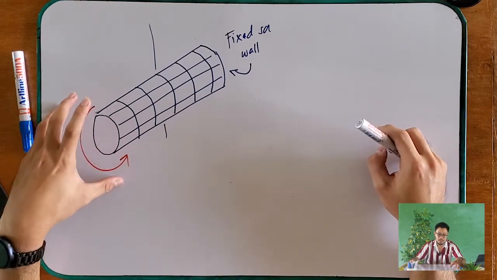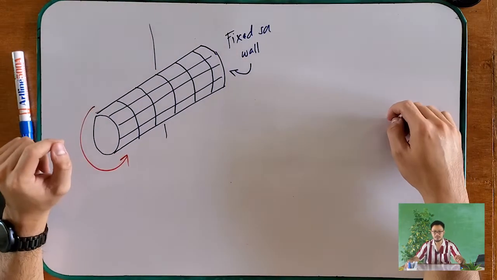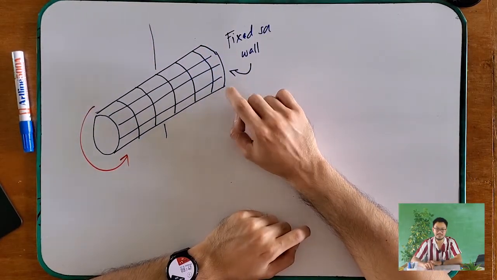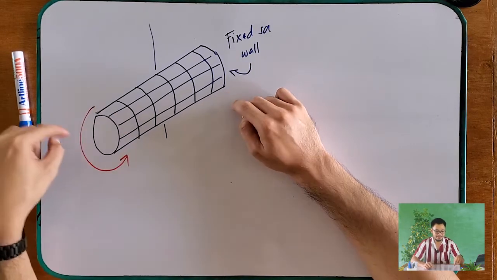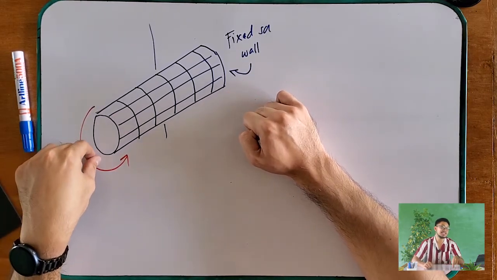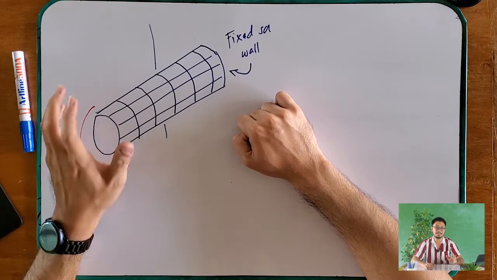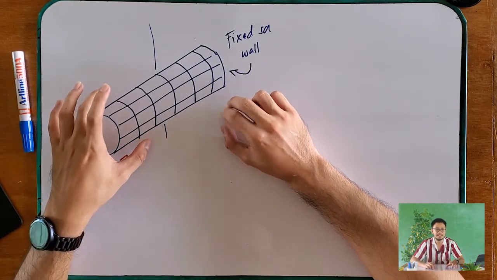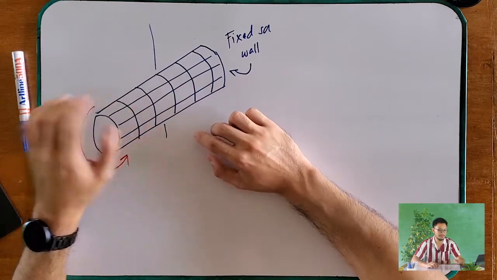What will happen to our material? So again, the rear end of this shaft is fixed on a wall, and the front end of this shaft is subjected to a torque. So what will happen to your material when it deforms?